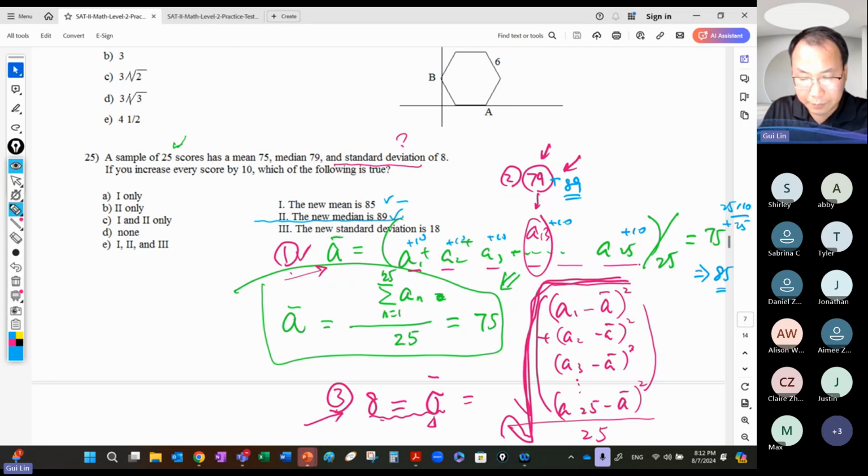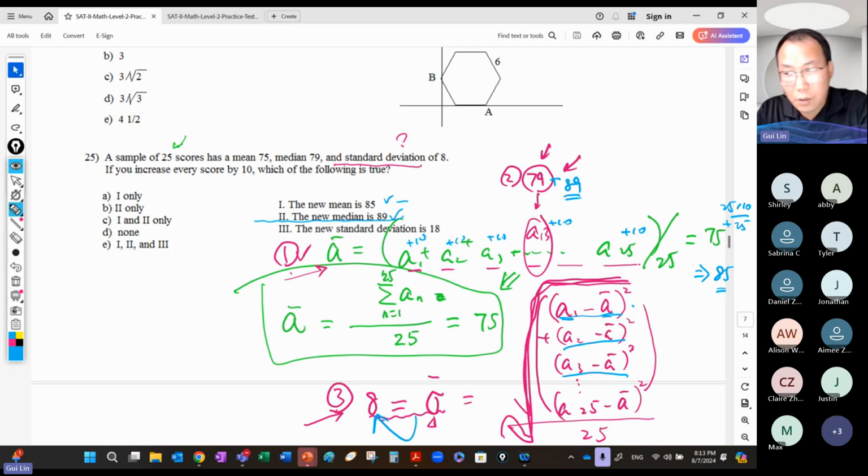Let's see the third one, the deviation. It means this one increased 10, this one also increased 10. After that, this doesn't change, right? Did you guys see that? A1 minus A average, this one doesn't change. This one doesn't change. So overall, this doesn't change.